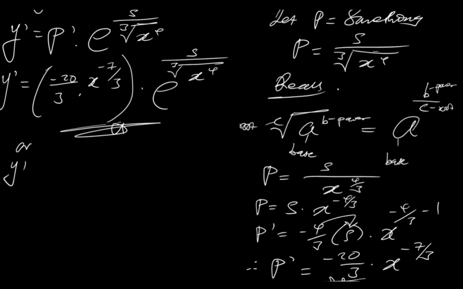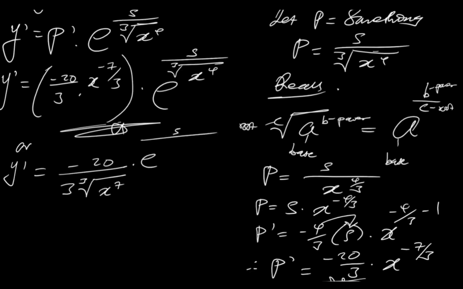We can polish it up and say, okay, y prime is going to equal negative 20 over 3 root of 3 x to the power of 7 times e to the 5 over root of 3 x to the 4th, just like that. And this will be your final answer.